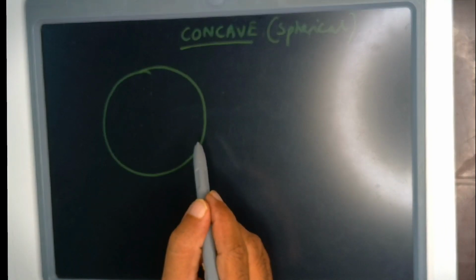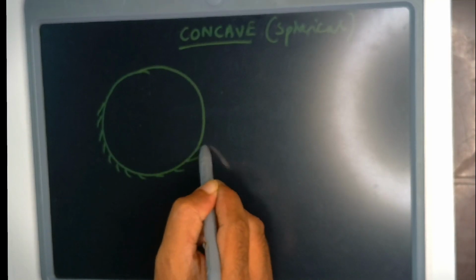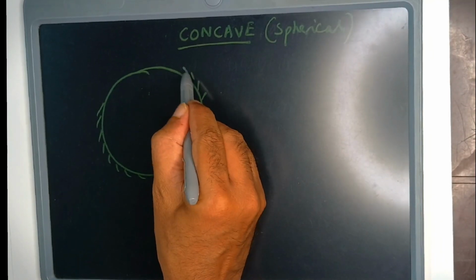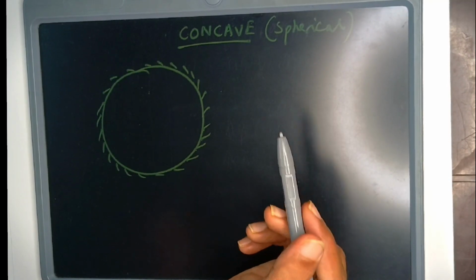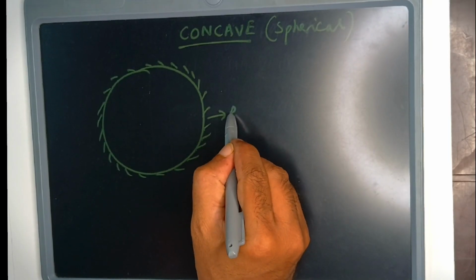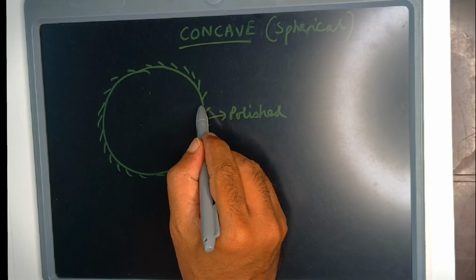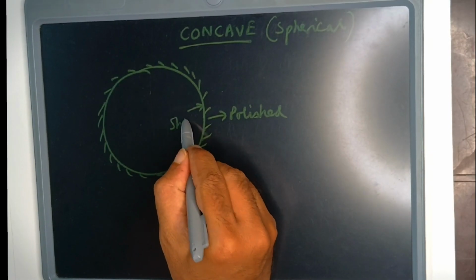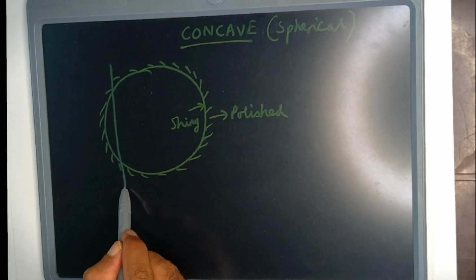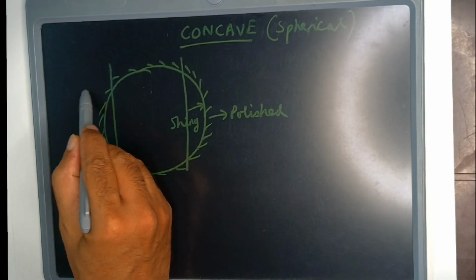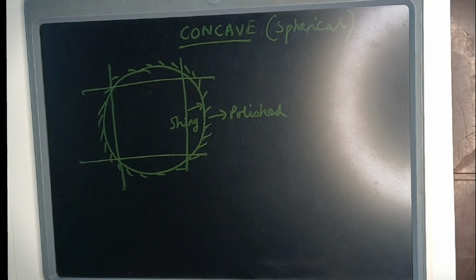On this sphere, I polish the sphere on the outer surface. Right? This is polished, and the inner surface is shiny. So now if I cut this sphere this way, or this way, or this way, it all gives me a concave mirror.